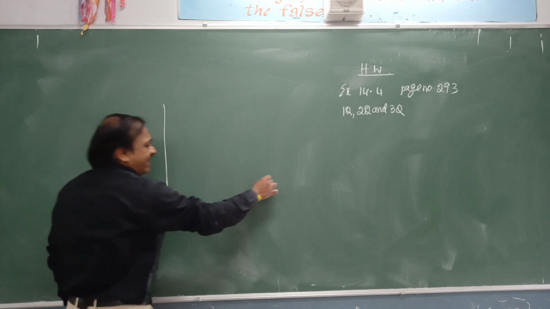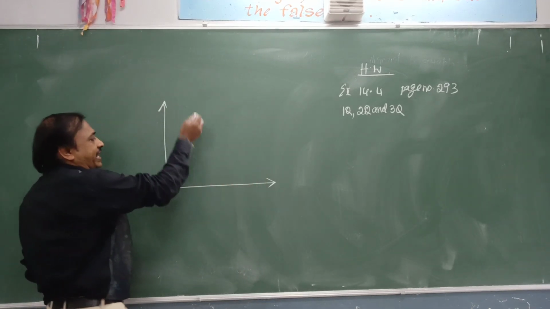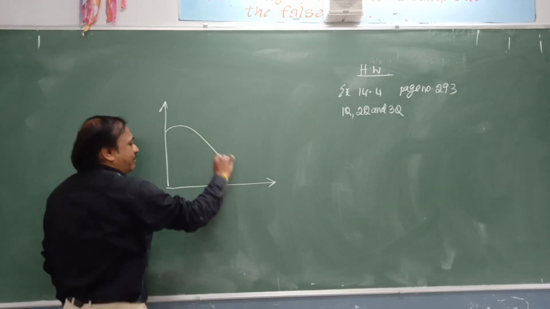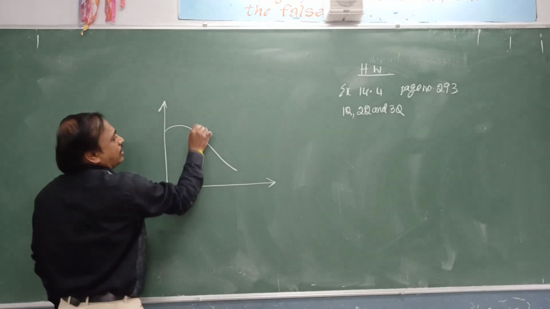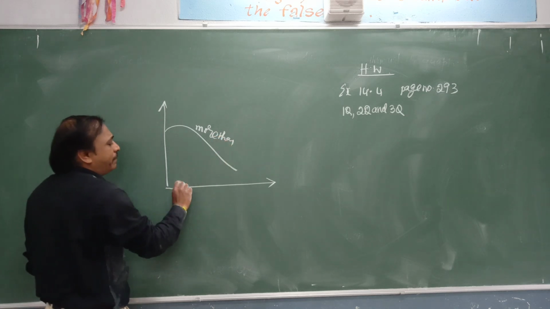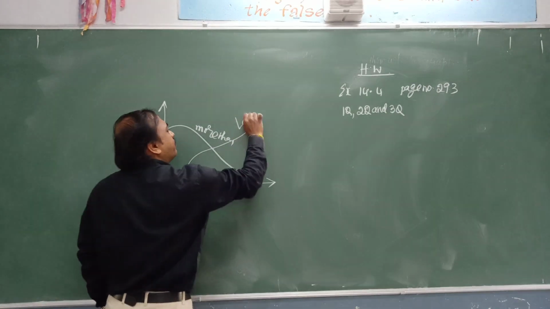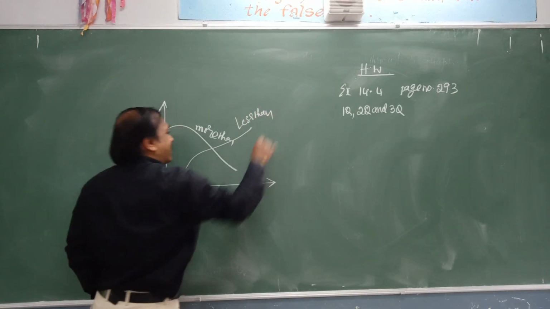First you need to draw either the less than or the more than curve. Suppose it is more than, it comes like this. This is more than, and less than goes up like this. This is the less than ogive curve. Now how to calculate the median?